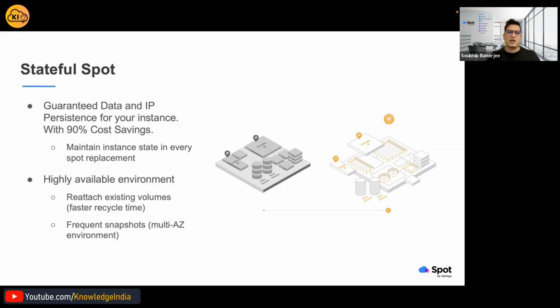Because EBS volumes are limited to the same availability zone, right? Correct. So what happens if you are moving into a separate availability zone? There snapshotting comes into the picture. You can select either a hot EBS volume or a snapshotting method for how you want to retain your data.